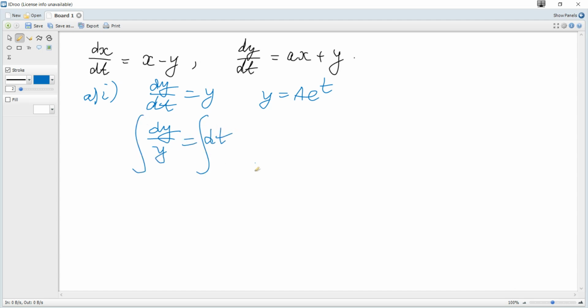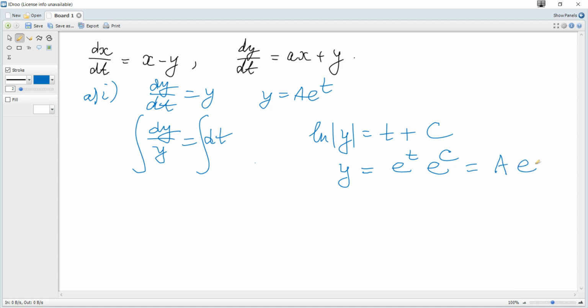Integrating both sides, we get ln|y| = t + some constant, and y becomes e^(t+c), or e^t multiplied by e^c, and e^c is another constant, so we can rewrite it as required: A e^t.